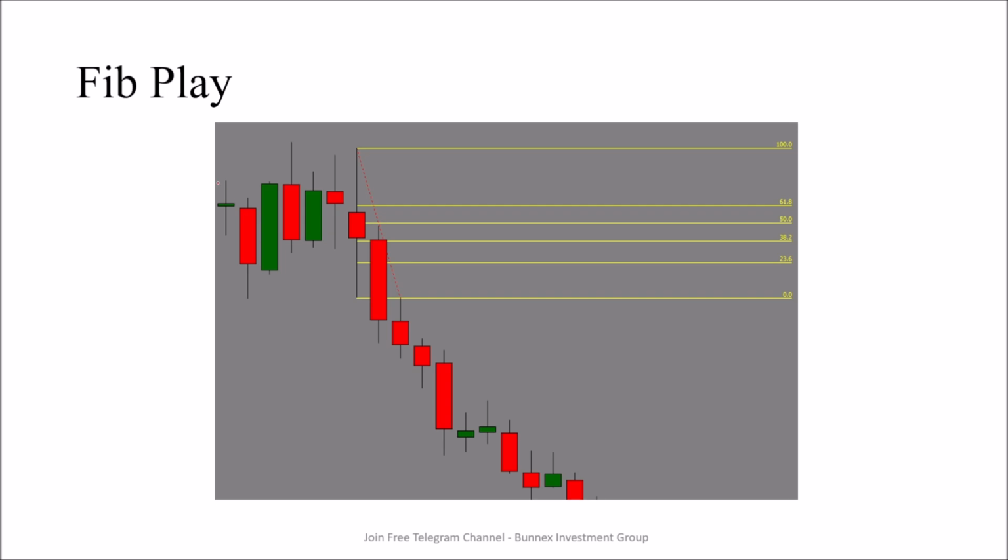In this case, we can see there was a small consolidation, and after that small consolidation, we had this red candle, and after that red candle, we had this flow to the upside. So this candle high is here, and the previous candle high is here. Then the closing price of this candle is here, and the closing price of this candle is here, meaning that the engulfing characteristics have been met.